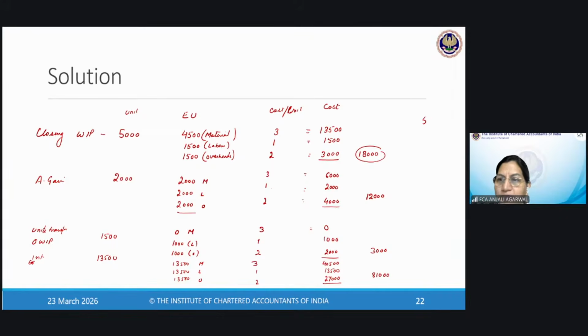So total cost was how much? 52,000 was material, 14,000 was labor, 28,000 was overheads. This totals to 94,000. Out of 94,000, 4,000 is recovered from sale of normal loss. So 90,000 should be assigned to this. Okay.